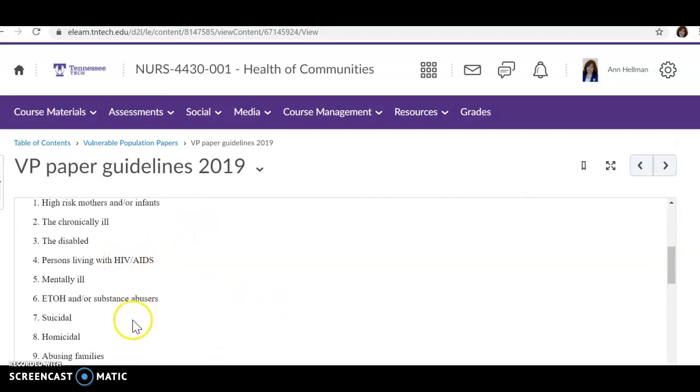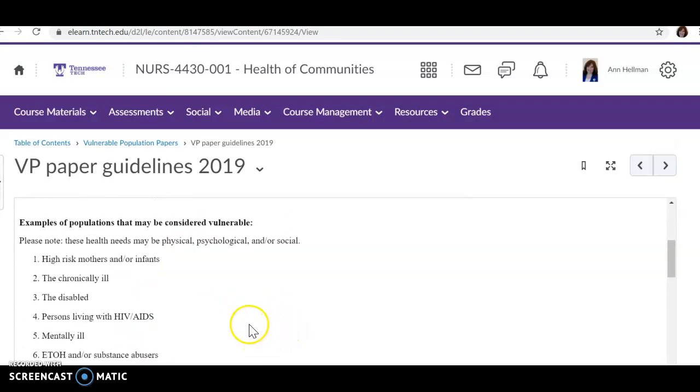Here are some examples. Now, I usually have a bunch of people who want to do high-risk mothers or infants. We can't have 6 groups doing that, okay? So I'm going to put up a Google Doc that has a column for your vulnerable population and your group members to be put in there.